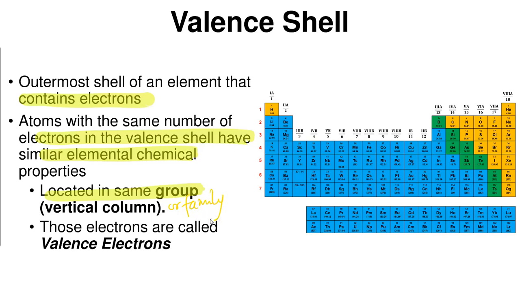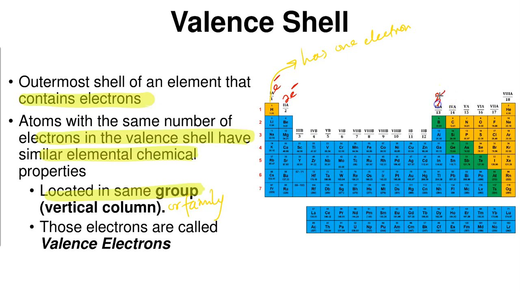So, a good example. All of them in group 1 here, all these guys in group 1 here. Okay, let me try to draw my arrow this way. All of them in group 1 have only 1 electron in the outermost shell, in their valence shell. And that's why they are in group 1. So that is only 1 electron. Those in group 2 have 2 electrons.